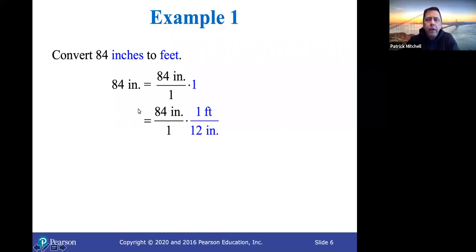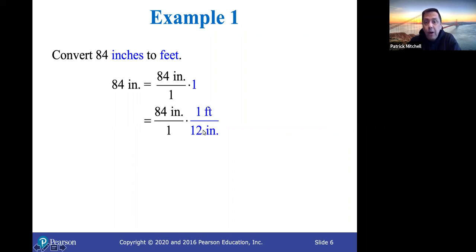So what we're going to do, I'm going to walk you through this step by step. We're going to take our 84 inches and write it as 84 inches over 1. And then we put a times 1 here because what's going to happen in the next step is I'm going to replace that 1 with 1 foot divided by 12 inches.